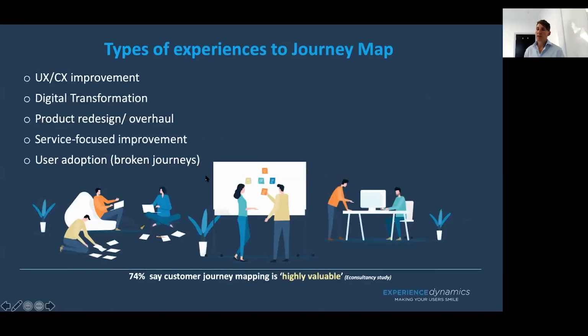So the types of experiences that organizations are mapping are UX, CX improvements, digital transformations. You can use journey maps for product redesigns or overhauls. They're used as service design, kind of the bread and butter. Before you start a service design process, you need to do a customer journey map.